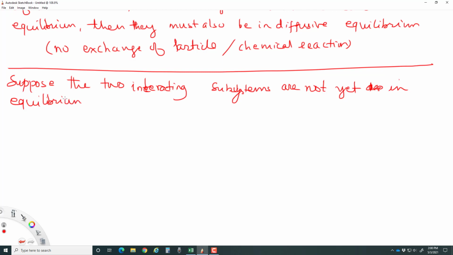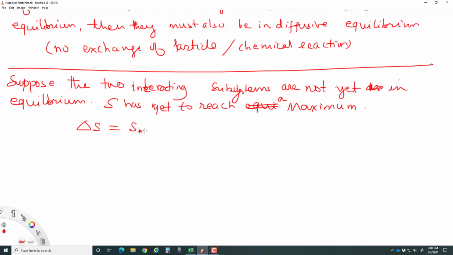That means the total entropy of the system has not reached maximum yet. S has yet to reach maximum. S is maximum only when the total system is in equilibrium. So that means delta S, which is SA plus SB, would be greater than 0.